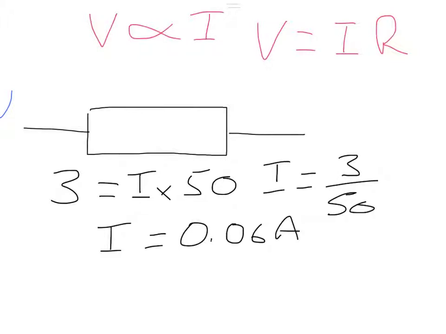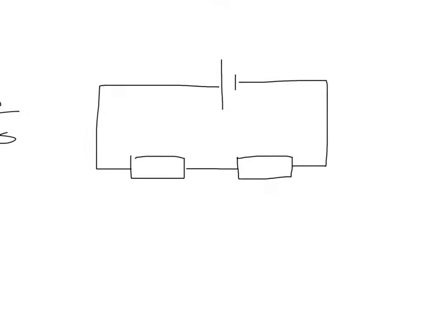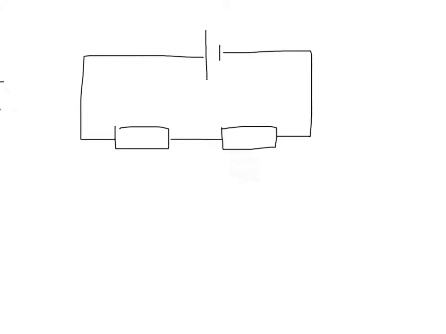Okay, so let's have a look at an actual circuit then and apply these simple theories to the circuit. The first one we're going to look at is a series circuit. We've got 2 resistors which are in series with each other. We can spot a series circuit because there is just one single loop.